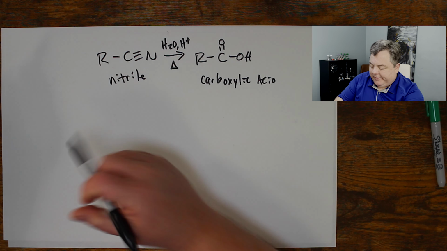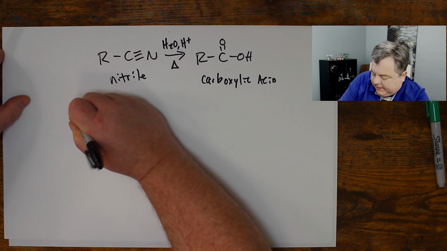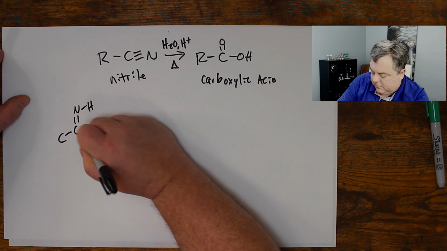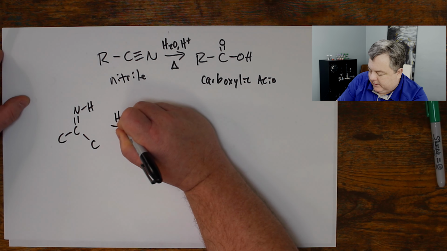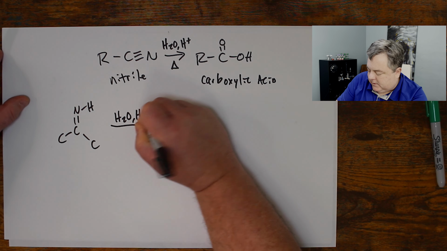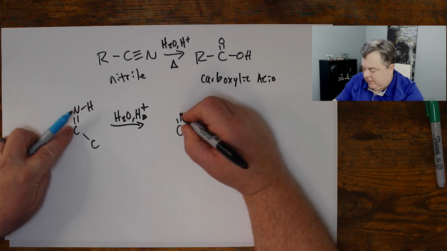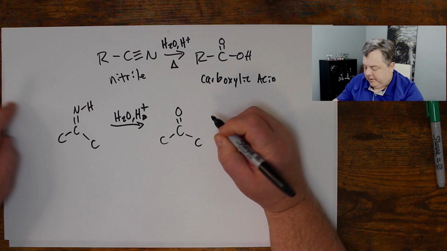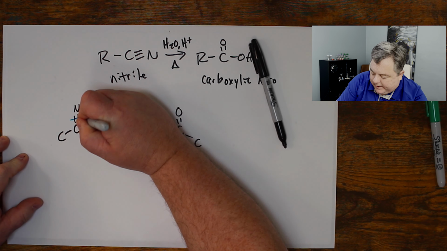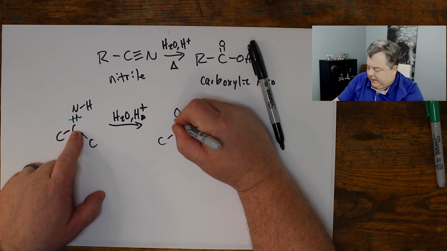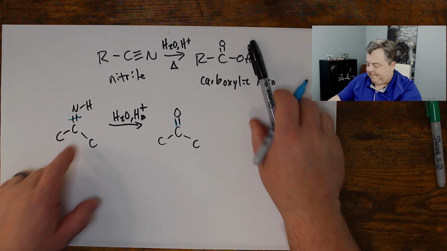Now, we've seen previously that imines can undergo hydrolysis, acid and water, to make carbonyl compounds. So two carbon nitrogen bonds become two carbon oxygen bonds.